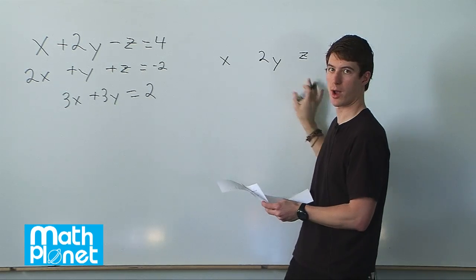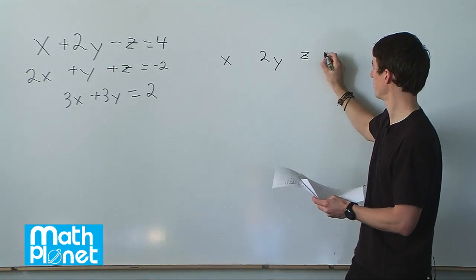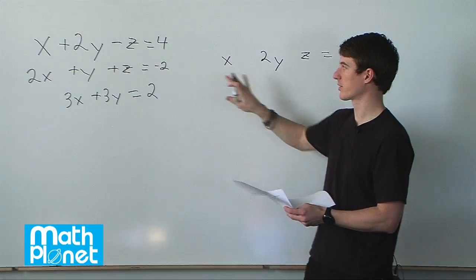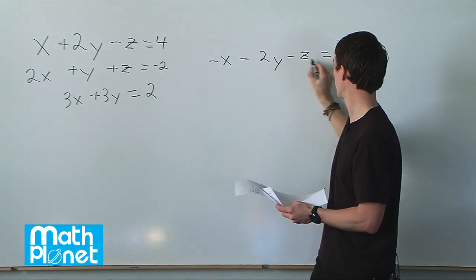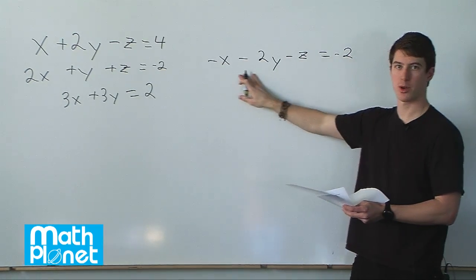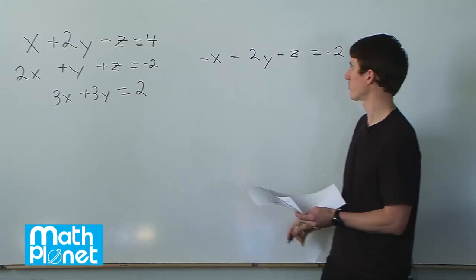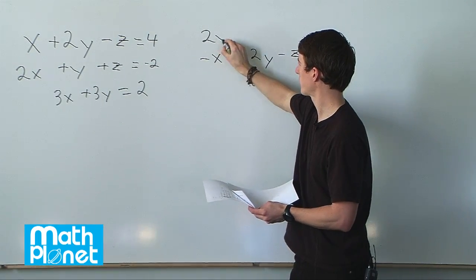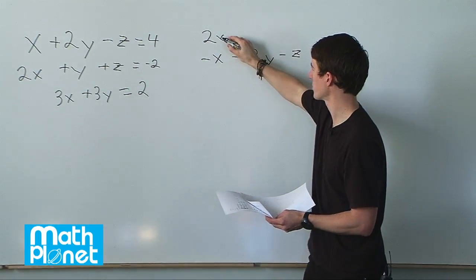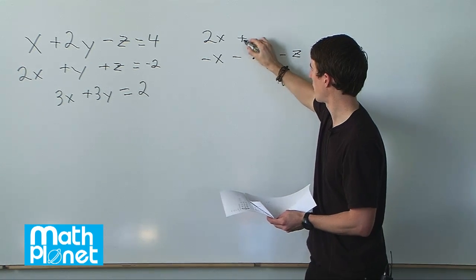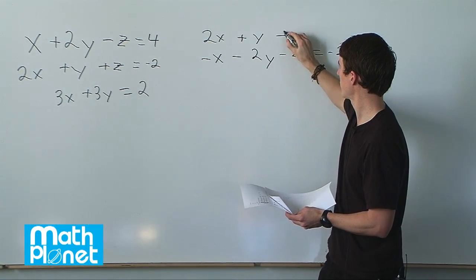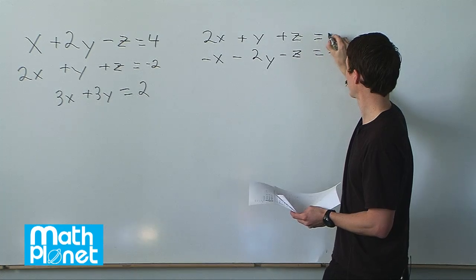So it's x plus 2y plus z equals 2. So we're going to subtract this from there. So subtract instead of plus. So it's easy. They were all pluses. Now we're just saying they're all subtractions. So 2x plus y plus z equals negative 2, this second equation again.